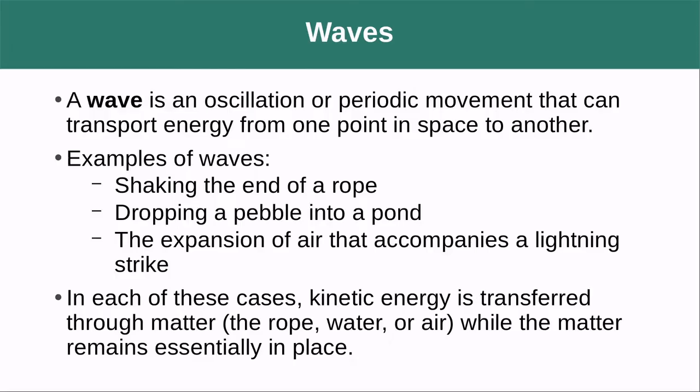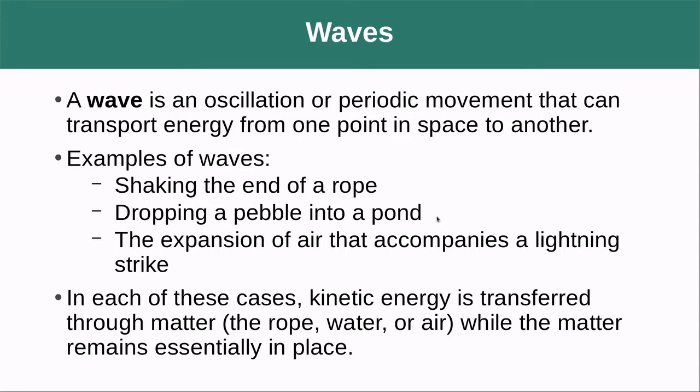So let's jump into this. Waves. A wave is an oscillation or periodic movement that can transport energy from one point in space to another. We kind of have an idea of what a wave is. We've seen waves before, but this is a little bit more of a generalized definition than maybe we're used to. We can think of waves as maybe like when you play jump rope. You shake the end of the rope, you see it propagate through the rope.